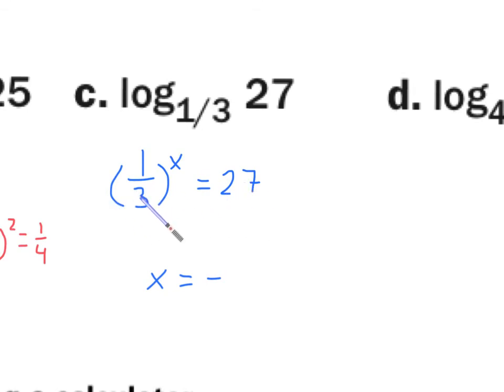But how about 3 to what power? 3 to the 3rd power. So notice here, -3. Why? Because 1/3 to the -3. The negative means flip the fraction, so this becomes a 3 inside, and the exponent stays 3. And then 3 times 3 times 3 will give you 27 there.